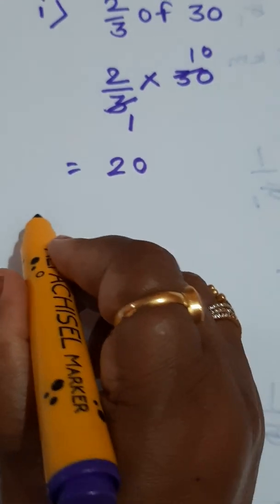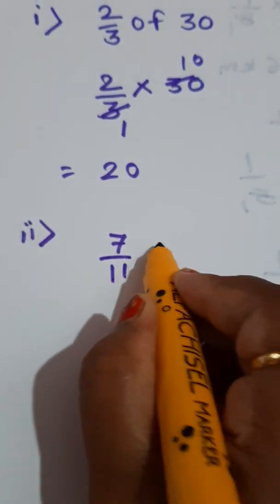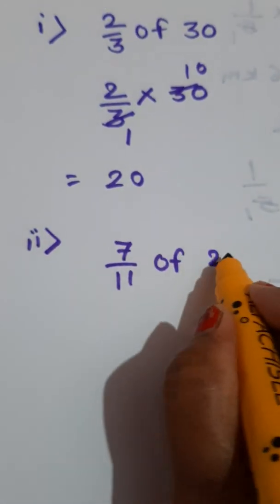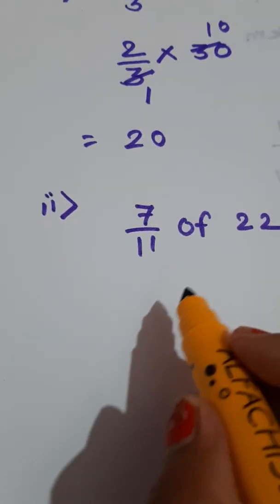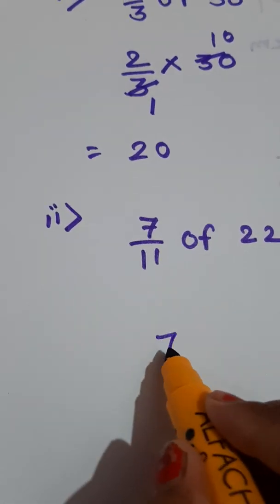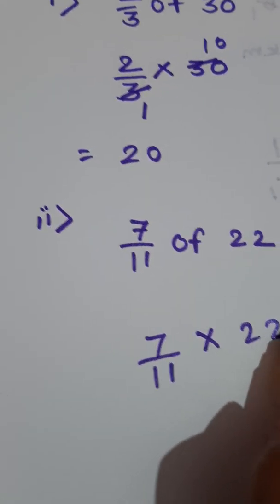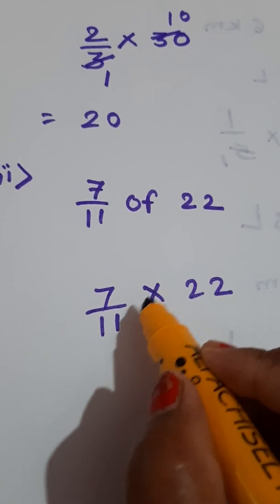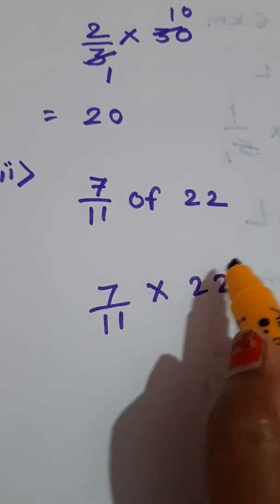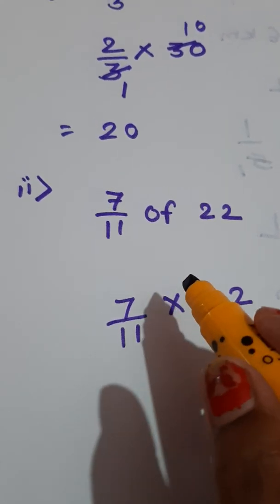Second problem from the third question. 7/11 of 22. Once again the same. 7/11 into 22. When the multiplication sign is there, we can divide slantly or vertically if the numbers are from the same table.